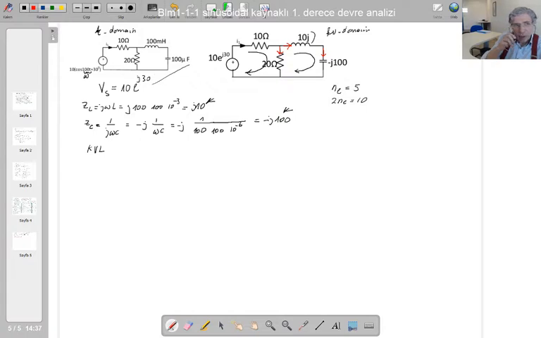Okay. Now we are ready to write the Kirchhoff voltage law equations, and we know that altogether this is going to be just two equations because we have two meshes.